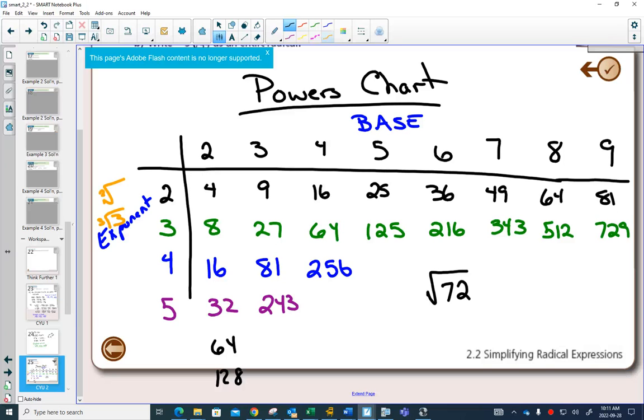The biggest one. 9 divides it nicely because it's 9 times 8. But 9 isn't the biggest one. 36 is the biggest one. So when we want to do this quickly, we say, I know 72 is 36 times 2. And this I can reduce, because it's one of my perfect squares, to 6 root 2.